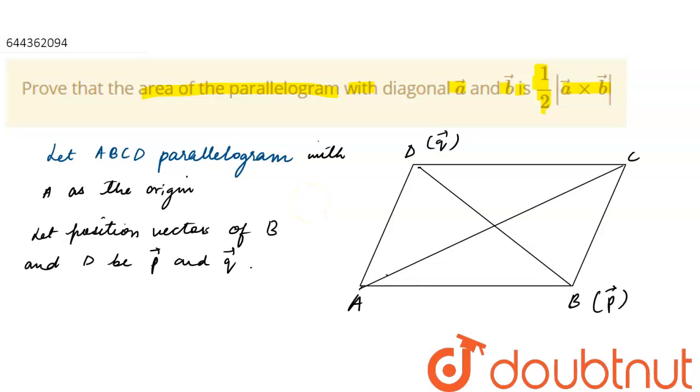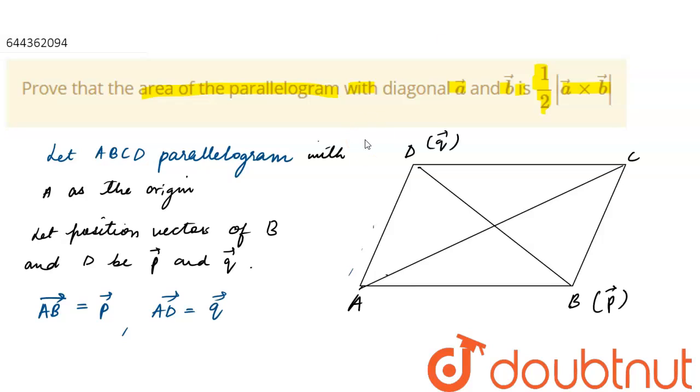Okay, so by this we can say we have AB equals P vector, and this AD will be equal to Q vector.